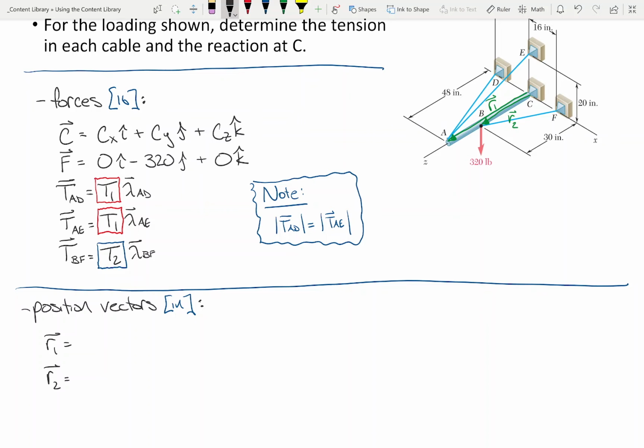So what we'll do is we'll say position vector 1 is 2A from C. And from now on, I'll probably just use R1. But in case you want that complete in your notes. That's going to be to B from C.